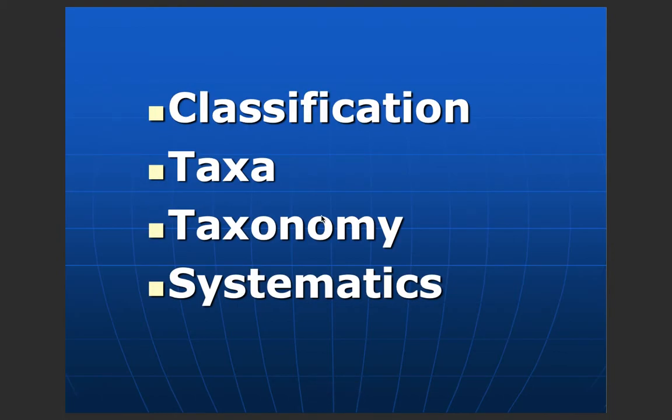Now, these are the four key words which we are using in the next part of this chapter, that is classification. Classification is a systematic process of arrangement of different organisms into different groups and subgroups on the basis of their similarities and differences.